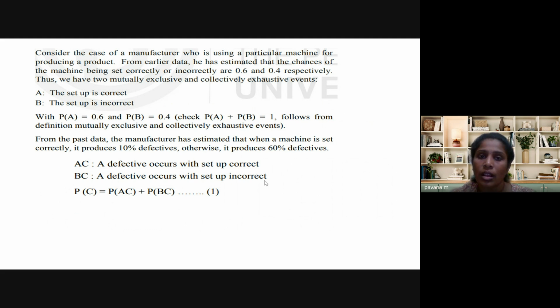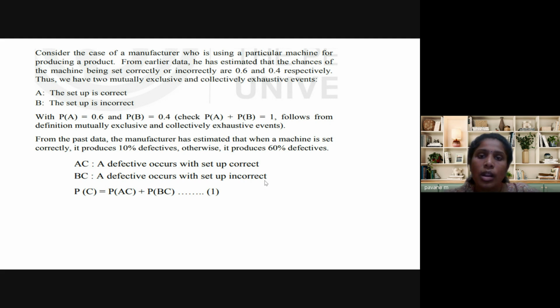C is another condition that happens in that particular experiment. In this problem, A and B mean the machine is correctly set and the machine is incorrectly set. C means defective items. When you are producing products with the correctly set machine, what is the chance of getting defective items?